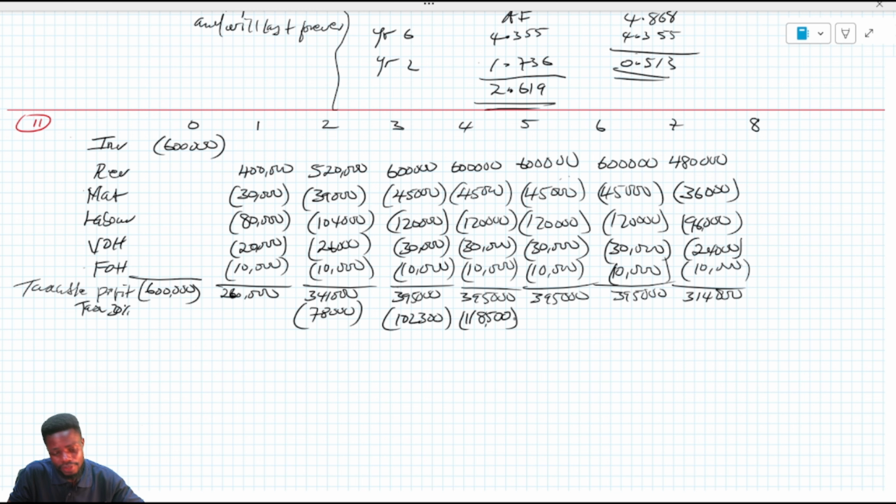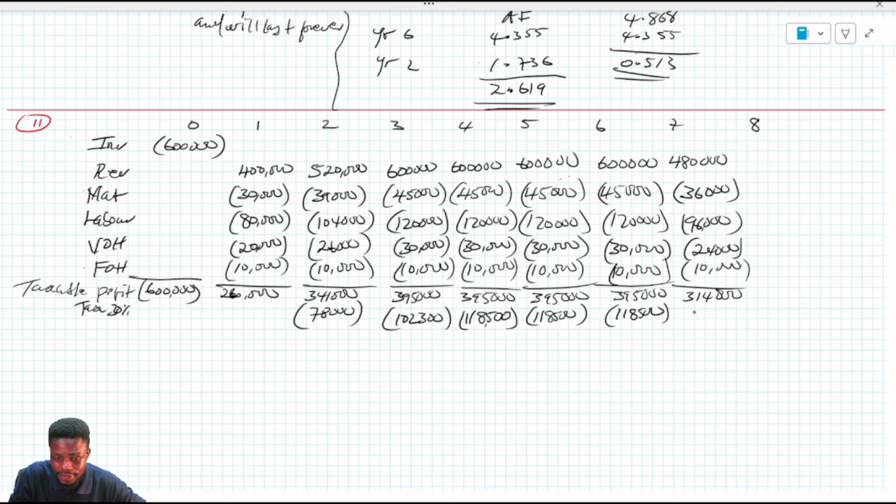So year four tax will give you the same 118,500. Year five tax, you pay it year six, we give you 118,500.